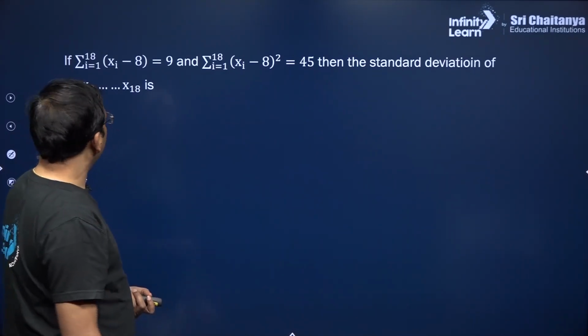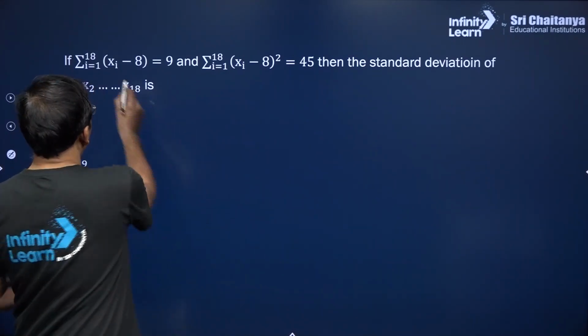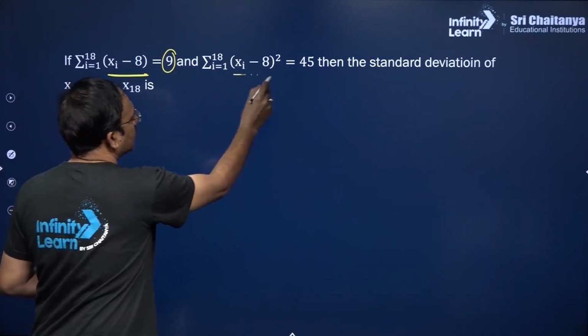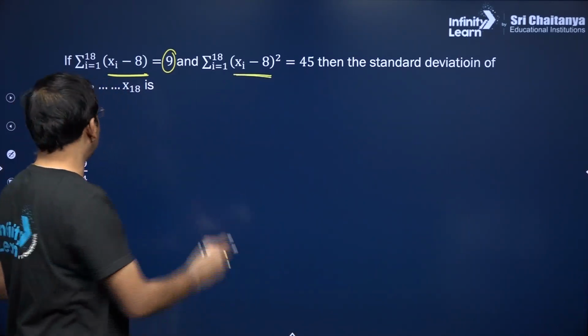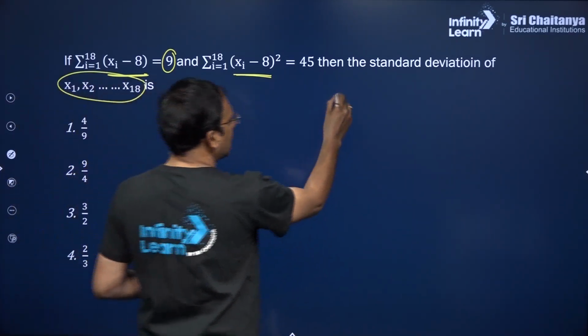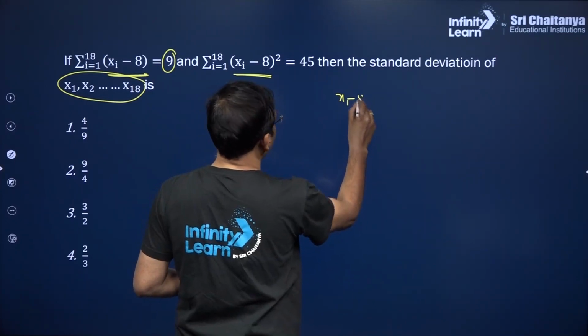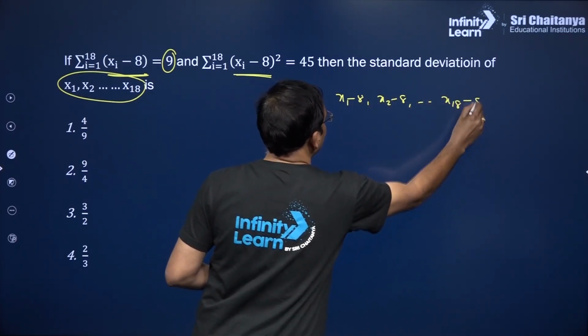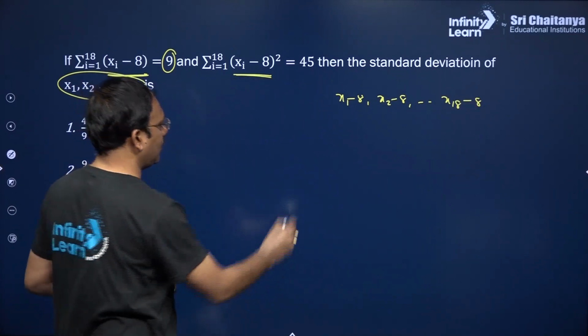Next, you see, this is given for x1 to x18 kind of items. Sum of the items is given, sum of the squares is given. He is asking the standard deviation of x1 to x18. You just find the standard deviation of x1 minus 8, x2 minus 8 and so on, x18 minus 8. How to find standard deviation?